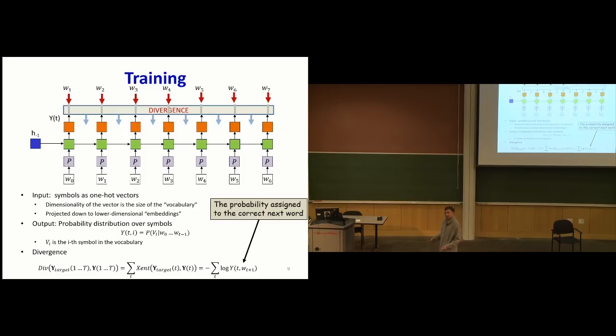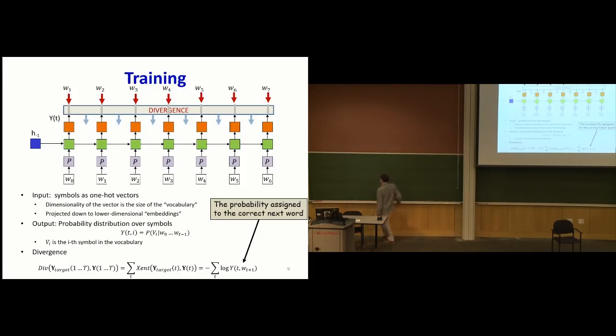So the divergence that you're actually going to be minimizing is the divergence between the word sequence and a shifted copy of the word sequence, the same sequence shifted by 1. Now, first, you realize that the output of the network is not going to be a unique symbol at any time. We saw this in the last class. What the network actually outputs is a probability distribution.